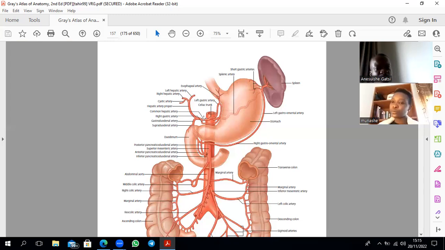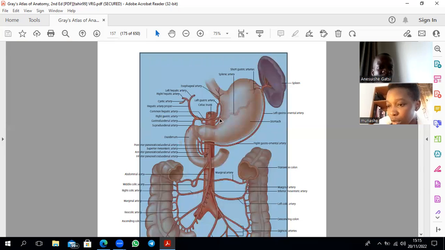You did all these organs, right? Stomach and stuff. Yes. So the stomach has this lesser curvature here, then this greater curvature on the other side, right? Blood supply on the lesser curvature comes from arteries that end with gastric.